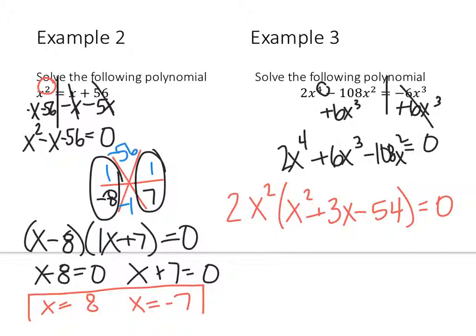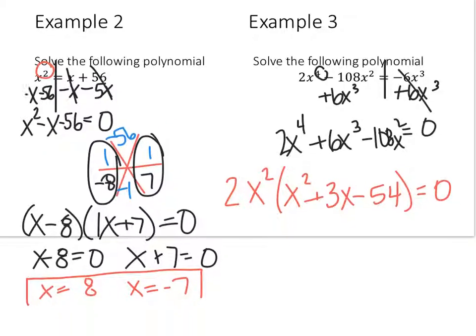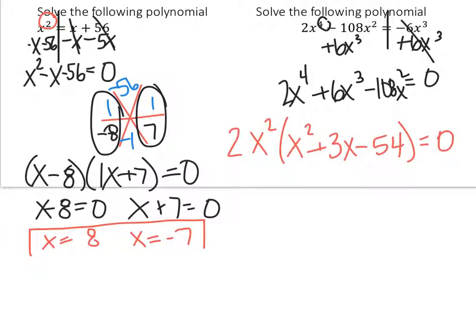So again, I have 3 terms, so I am just going to use the star method. Since I took out a 2x squared, that's just going to stay out here. And I'm just going to deal with a is 1, b is 3, and c is negative 54.